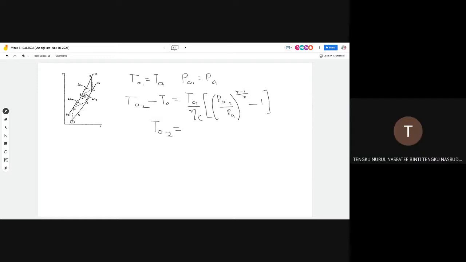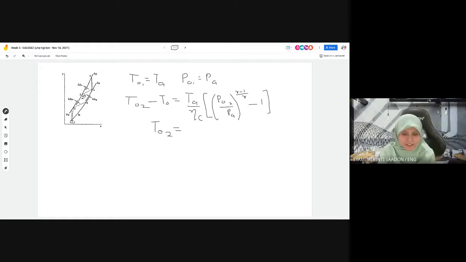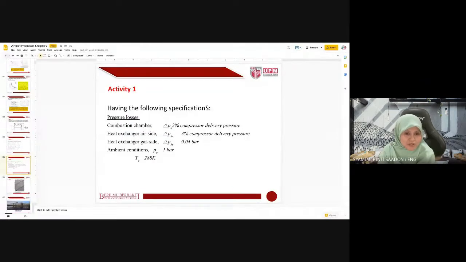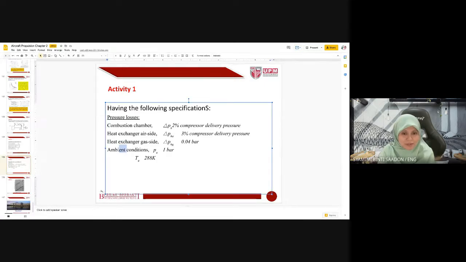Doctor, what is the value for the ambient? It is given in the slide, I show again: 288 Kelvin and 1 bar ambient. Ambient condition, PA 1 bar, 288 Kelvin. Alright.